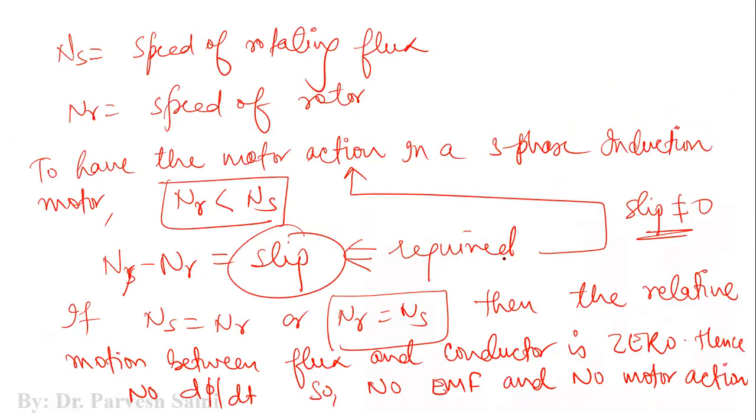If they have the same velocity, their direction is also same, so the relative movement between the two will be zero, and hence there is no d phi by dt, there is no emf, there is no current, no current carrying conductor in the magnetic field, and hence there is no motor action, right? So it is very very important to have the slip, or the difference between the two speeds, to have the motor action.